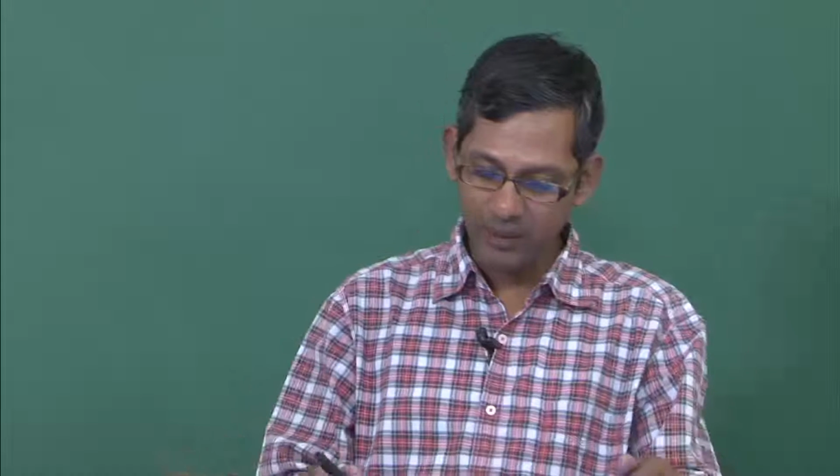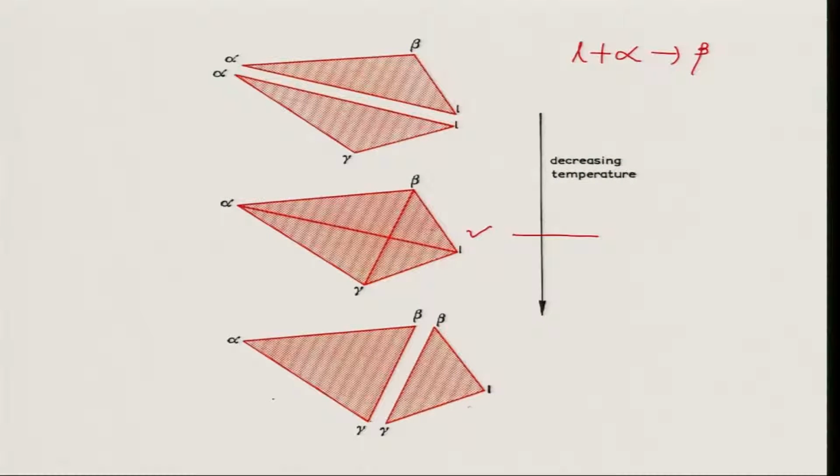That is why we have alpha plus beta plus gamma below the ternary invariant reaction plane, and some liquid will remain which will form some other eutectic phase at lower temperatures. That is the unique thing.